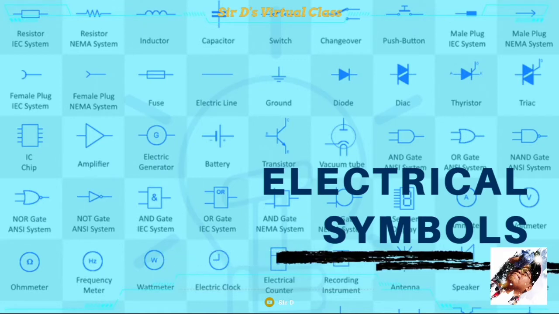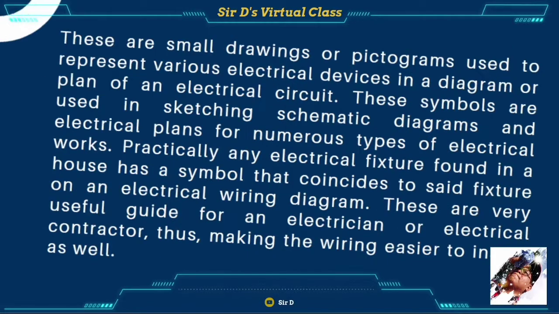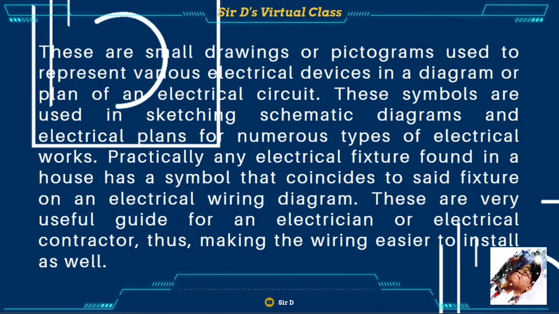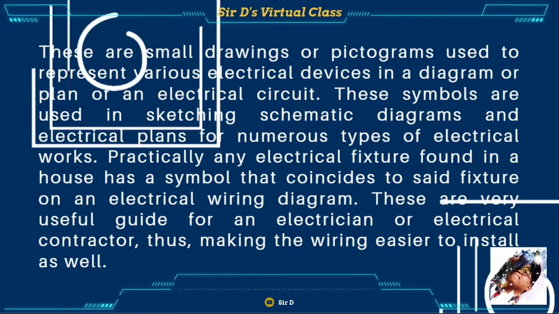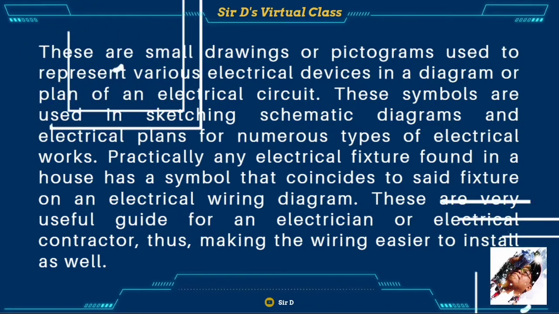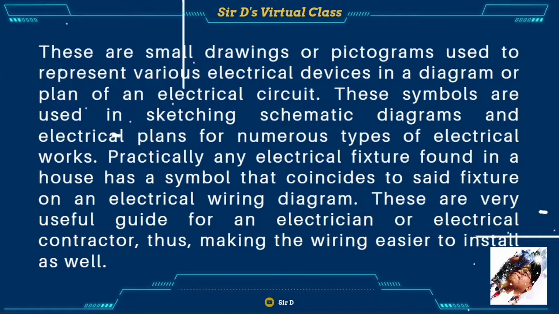So, we will first discuss electrical symbols. Electrical symbols are small drawings or pictograms used to represent various electrical devices in a diagram or plan of an electrical circuit. These symbols are used in sketching schematic diagrams and electrical plans for numerous types of electrical works.